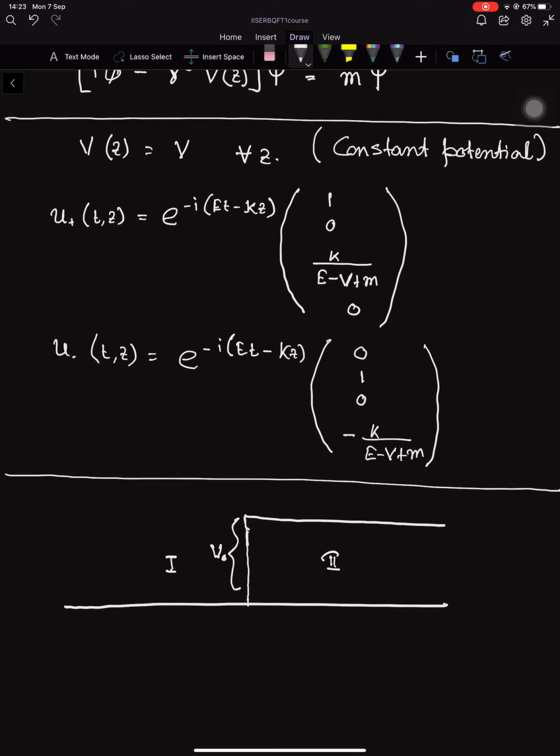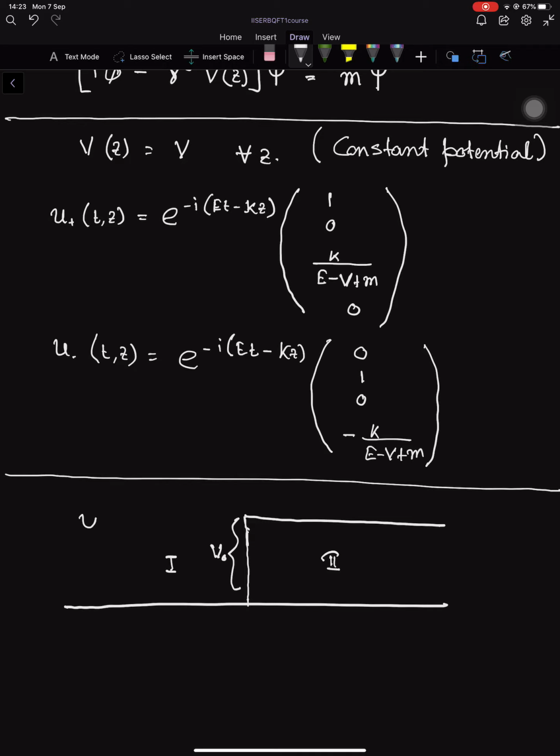We already discussed for the Klein-Gordon case that there are three possibilities: weak potential, intermediate potential, and strong potential. The same philosophy also holds for the Dirac particle, and in general for any relativistic wave equation.